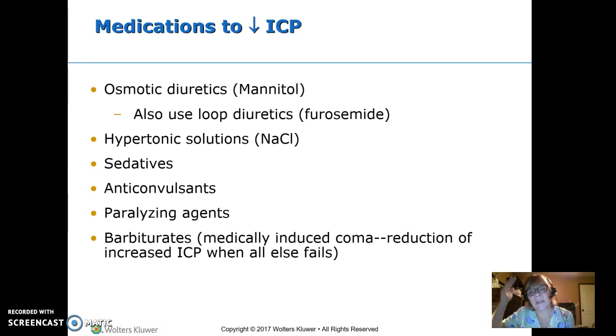Right? And the whole idea of that is decreasing the metabolic need of the brain, because if we've got so much pressure in there that we're not getting good blood flow, we're not getting oxygen and sugar and nutrients to the brain, well, if we can decrease what the brain needs, we can protect the brain a bit. So that's the idea with that.